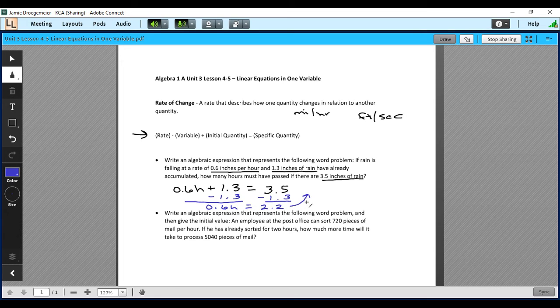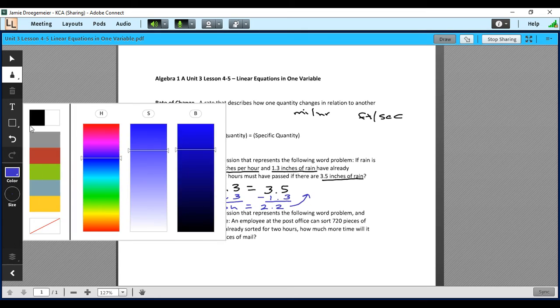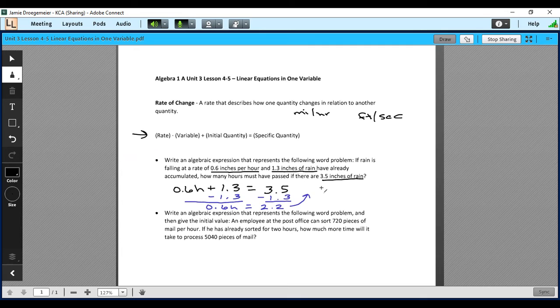I'm going to bring this back up here now and go back to using black. So I have 0.6h is equal to 2.2. And so then to solve this for h, right now that h is being multiplied by the 0.6. So I would want to divide by 0.6.